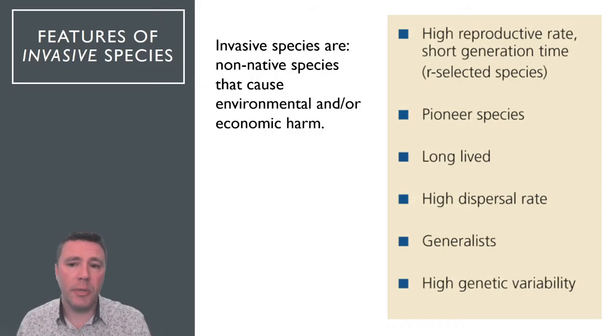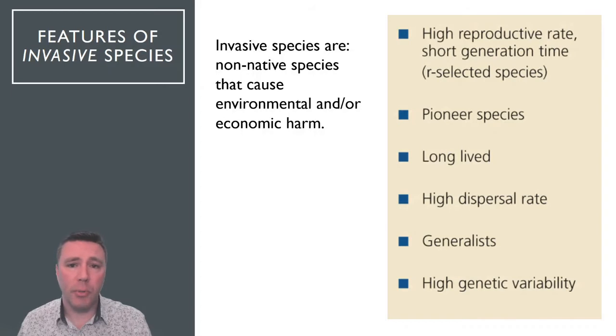They also tend to be R-selected species, which means they're going to reproduce at their intrinsic growth rate. The second feature is that they tend to be pioneer species. That means that they tend to occupy ecosystems earlier before any other organisms have arrived. They also tend to be relatively long-lived, meaning that they may reproduce more than one time in their life cycle.